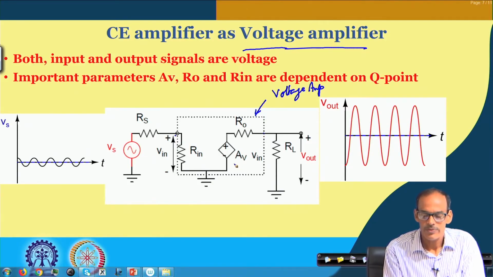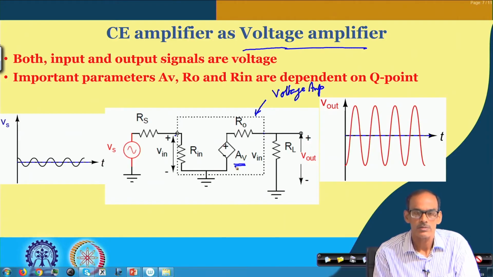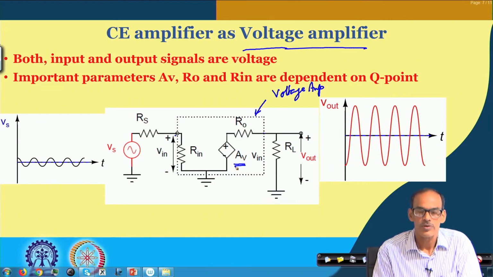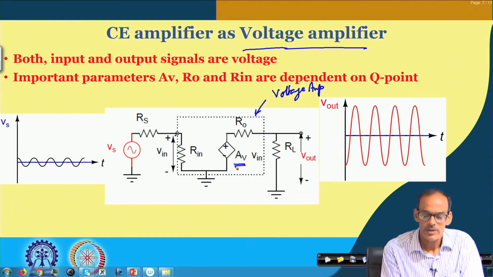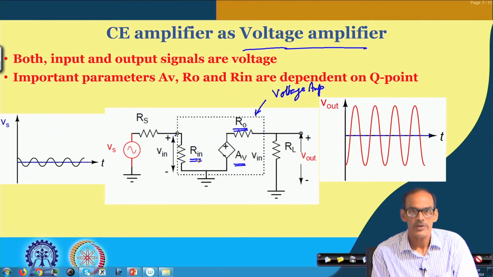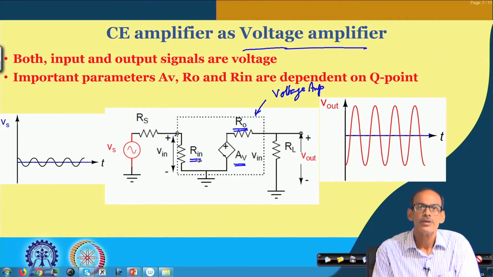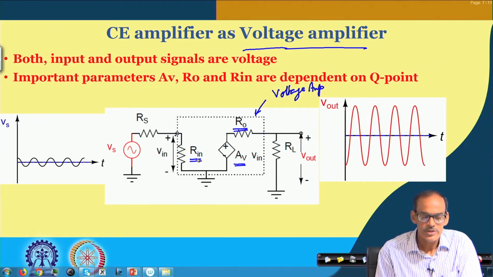It consists of open circuit output voltage gain AV, then output resistance RO, and the input resistance of the amplifier, which we have discussed, the significance of these three parameters in the voltage amplifier model. And these three parameters, of course, are very strong functions of the operating point, right.